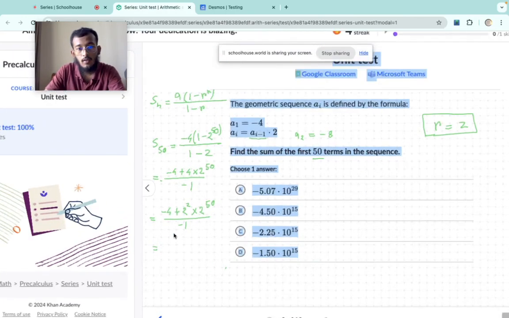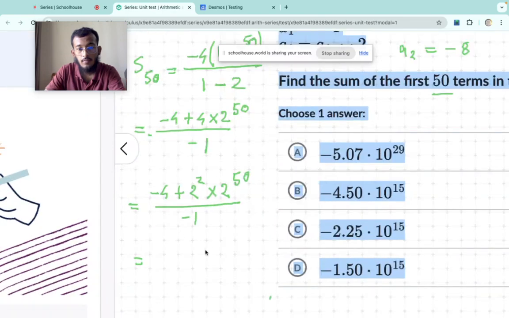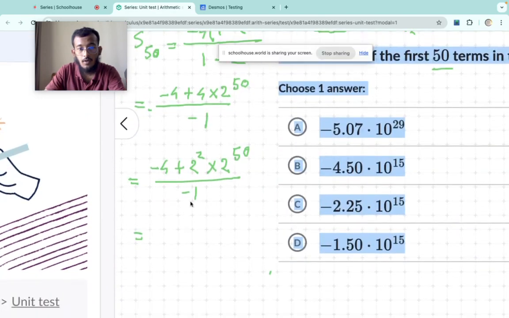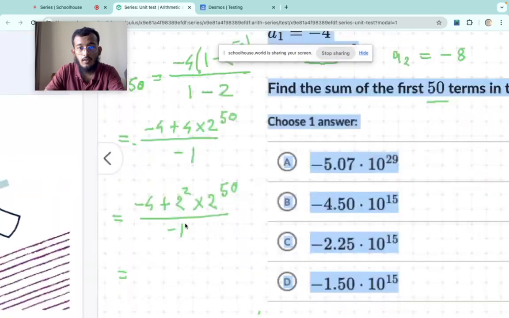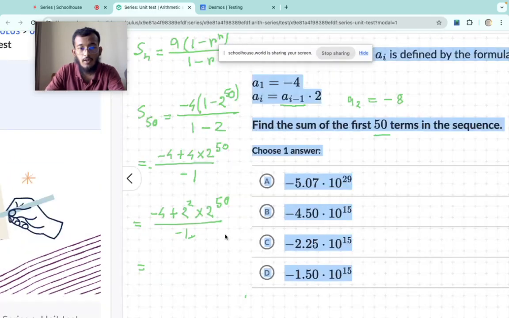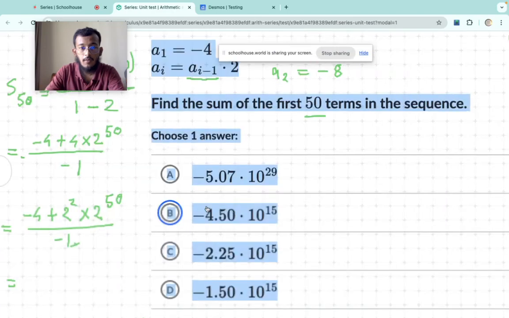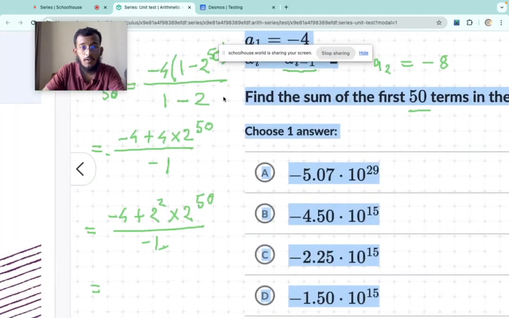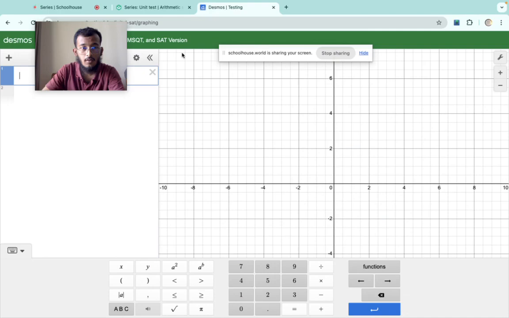I think I can solve this by manual calculation, but plugging this into the calculator should give me the correct answer even faster.